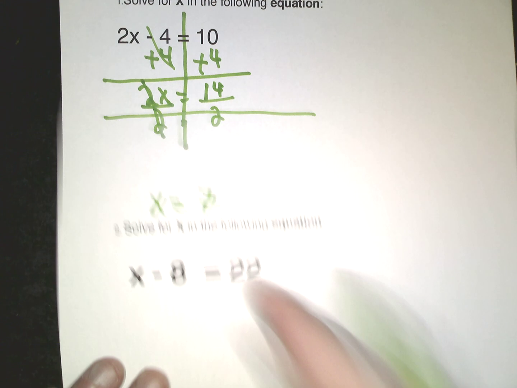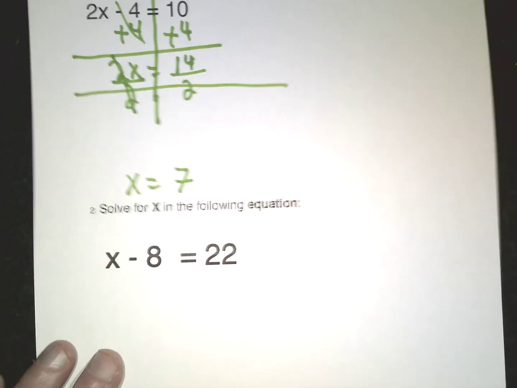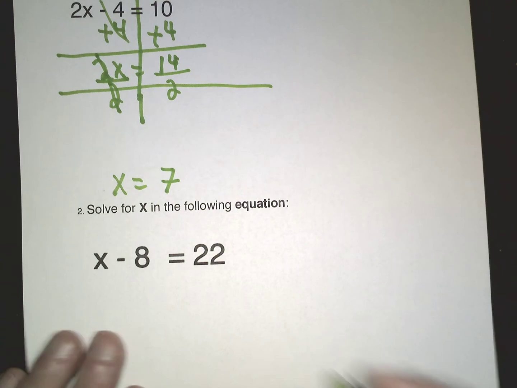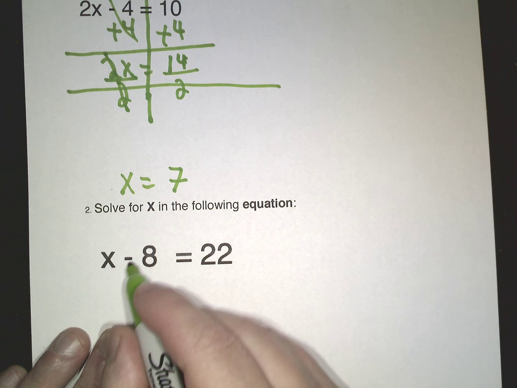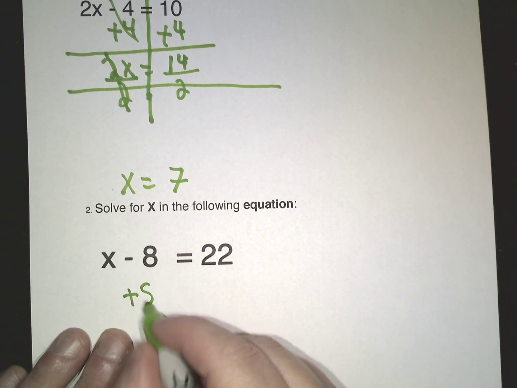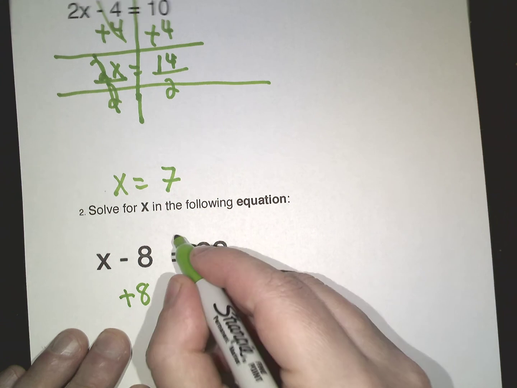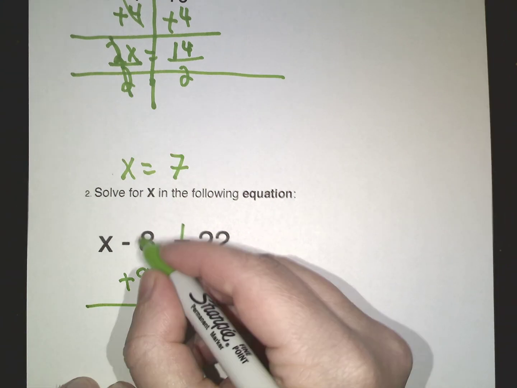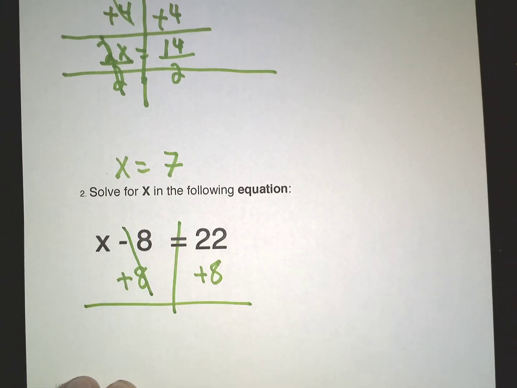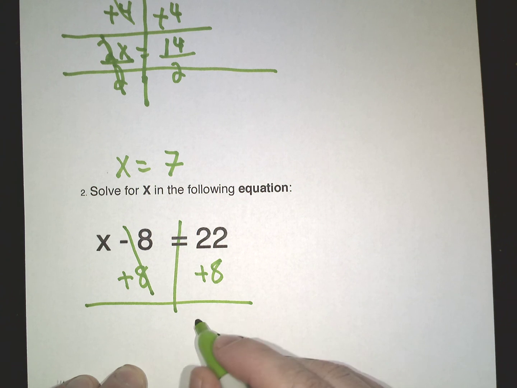The first one was a 2-step. The second one is going to be a 1-step. Same problem, different numbers. Here I see -8, so I do the opposite, +8. We draw that line there. -8 and +8 go to 0. 22 plus 8 is 30.